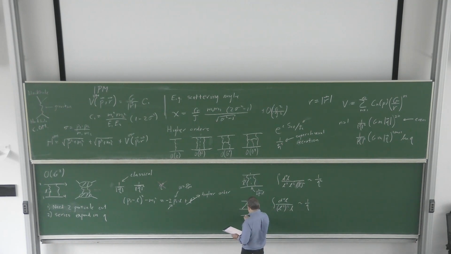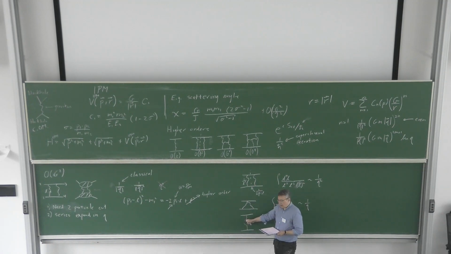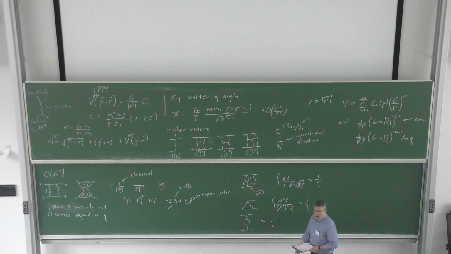There's an L squared here, L at the vertex, because it only depends on Q or L. So you can just count up this diagram, and you'll find it goes like Q to the 0. So that's quantum. Okay, that's beyond the classical limit, as you might expect.